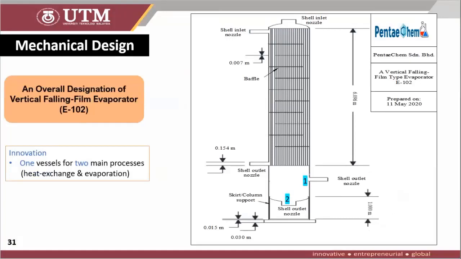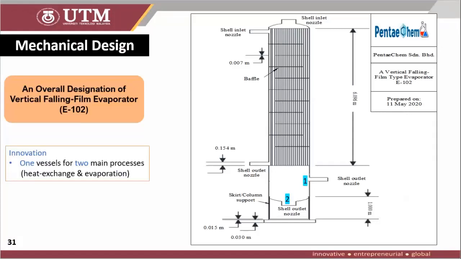That's the first question. The second question is, should you have an exit or outlet valve at the bottom of your column? Maksudnya perlu ada tak satu valve, drain valve? Sekarang saya tengok dia tak ada drain valve dekat dia punya shell outlet nozzle tu. Itu patutnya ada ke ataupun tak ada?